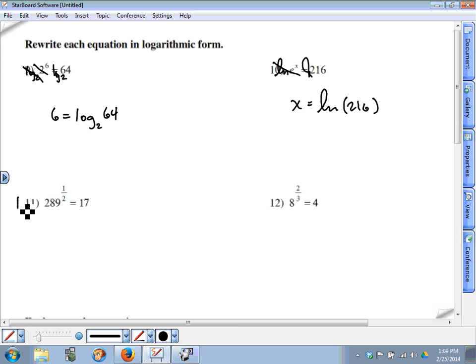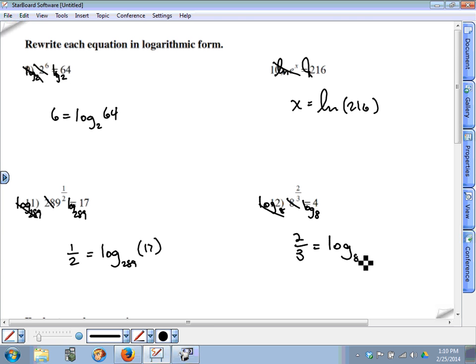Here you use a log base 289. So you have 1/2 equals log base 289 of 17. Here we're going to use log base 8. 2/3 equals log base 8 of 4.